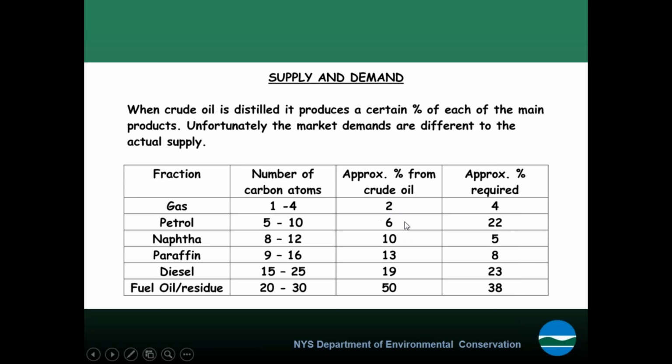If the crude oil only has 6% naturally of gasoline range organics, we have to somehow make up the rest of that in the refining process. And usually the way they make up that difference is by cracking the larger molecules into smaller molecules.